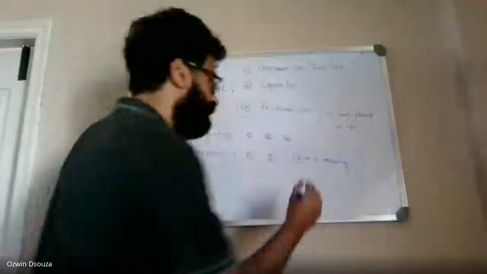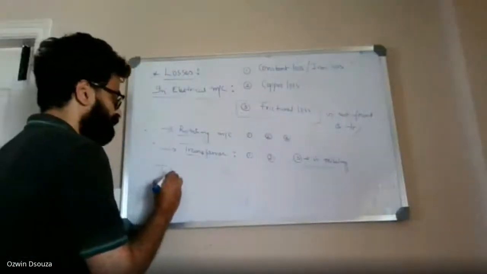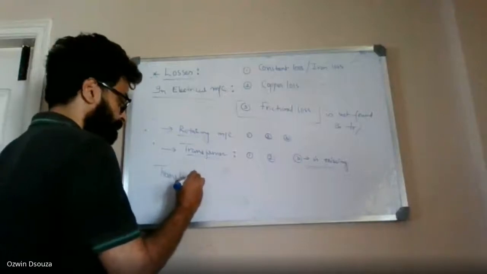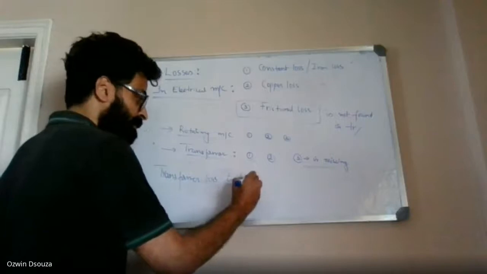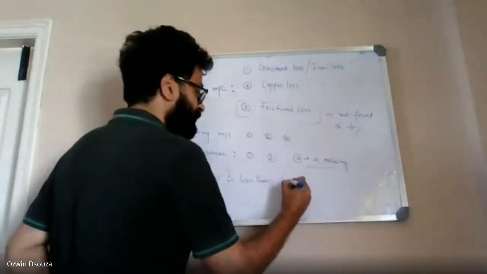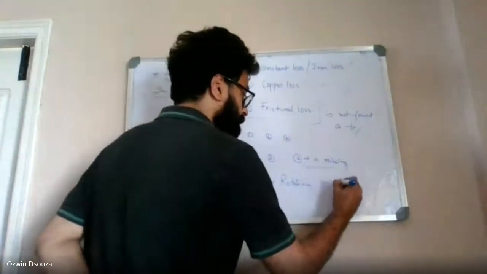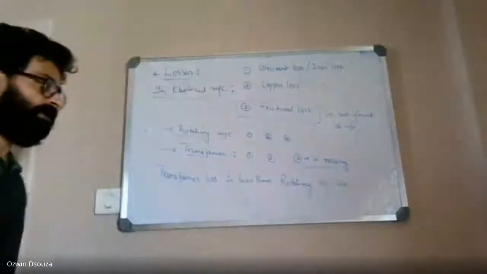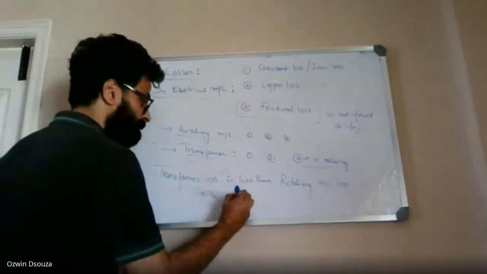So since the third loss is missing, you can say that transformer loss is less than rotating machine loss for the same output capacity.